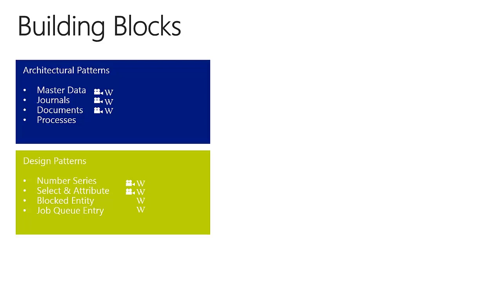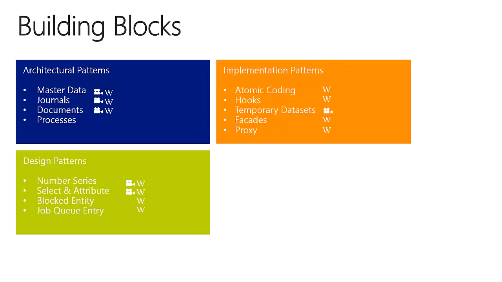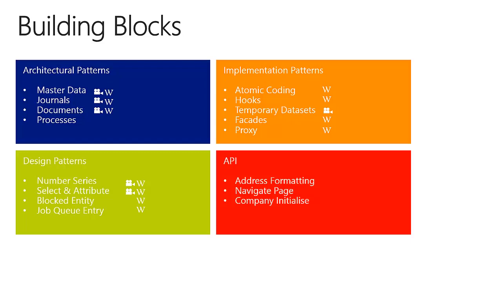Design patterns are common ways of solving solutions, such as defining unique names, parse data, block entities, or enabling features to run in the job queue. Implementation patterns are techniques for best practices for coding. And APIs are often part of design patterns and are reusable engines that most likely do not change much and are never duplicated.